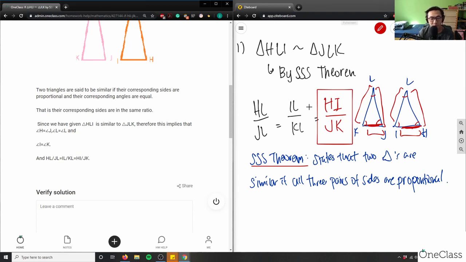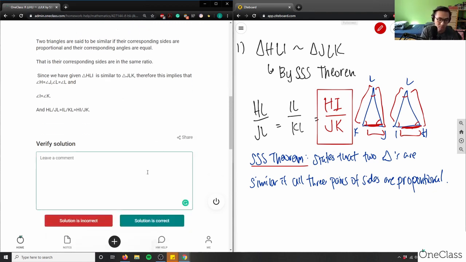They proved this even further using angles, because if two sides are proportional to each other, then you will also get the same angle between those two sides. So this here is a great solution and analysis.